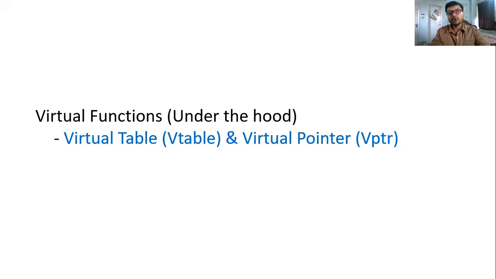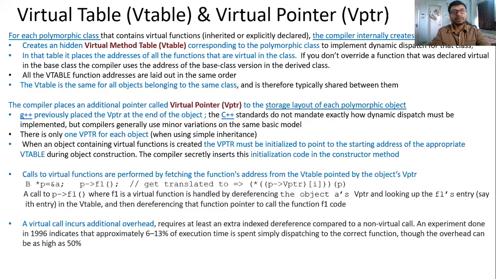So now we'll see how this is actually implemented internally and what the compiler does to make things dynamic and to create the magic of switching either to the base function or the derived function automatically.